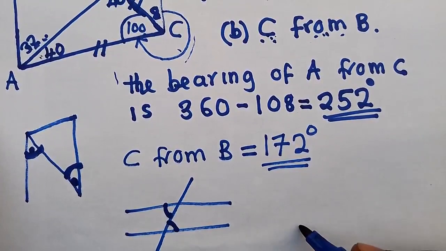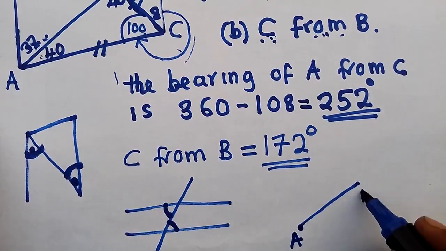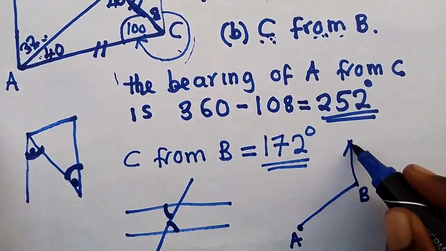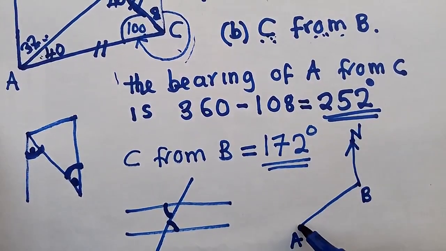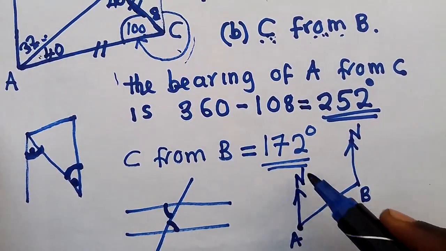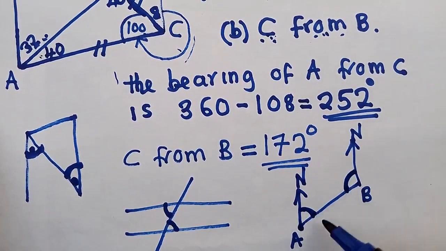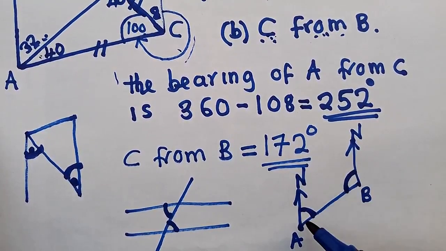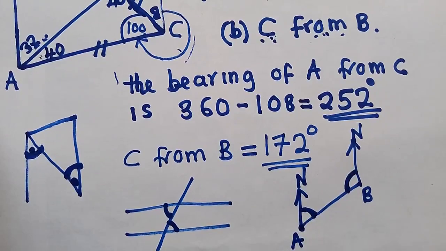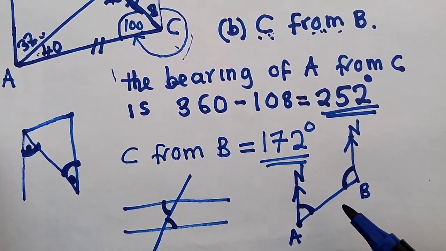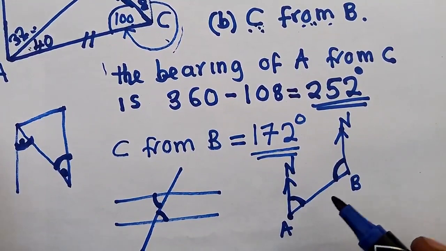The other thing which I told you was, if you are given a line here, if this is A, this is B. If you put a north there, you also put a north here like this. So the angle which is here and the angle there, these two must add up to 180. So if you are given the angle there, you are told to find the angle that is there, then you calculate. They will not come in this way. They will come in a way that they are going to confuse you.